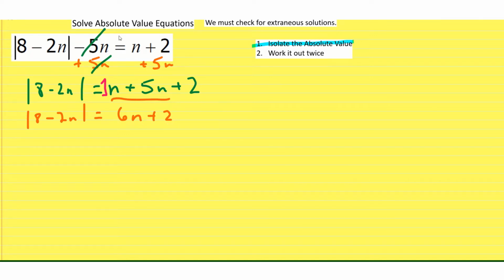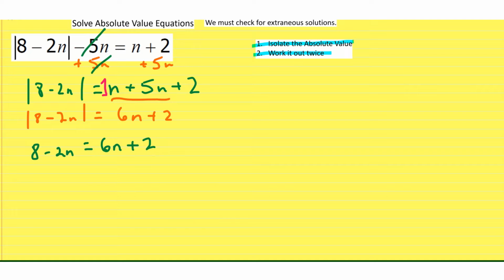Now that we have isolated the absolute value, the only thing on this side is the absolute value. Now we are going to work it out twice. How we're going to do that: we are going to write 8 minus 2n, exactly what is inside the absolute value, and that's going to be equal to exactly what's written here, 6n plus 2.